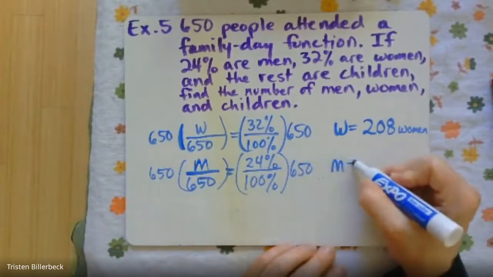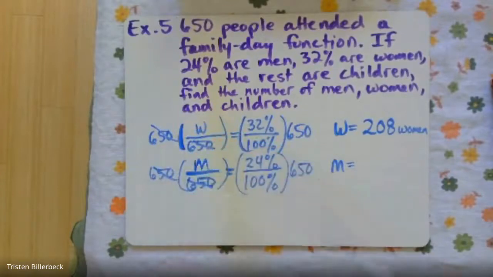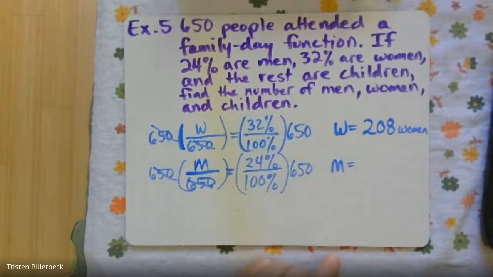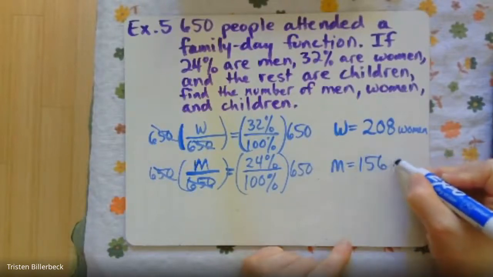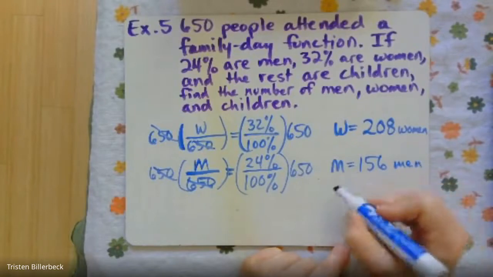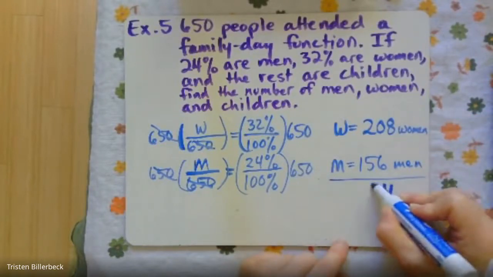And we get men equals, and these cancel, by the way, if you didn't catch on. So men are going to be 0.24 times 650. So 156 men.